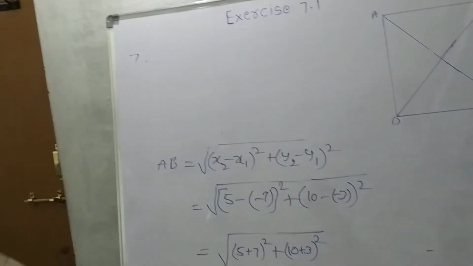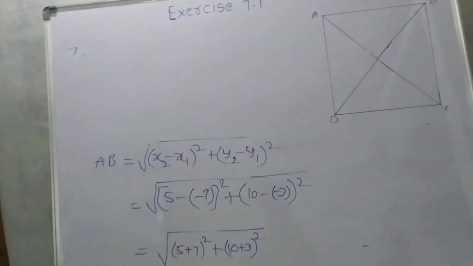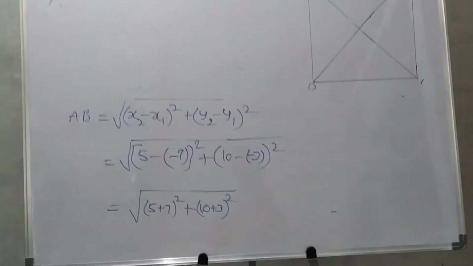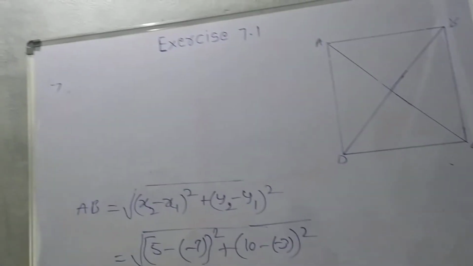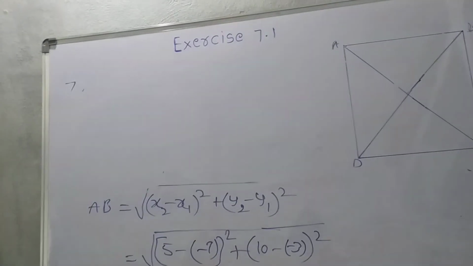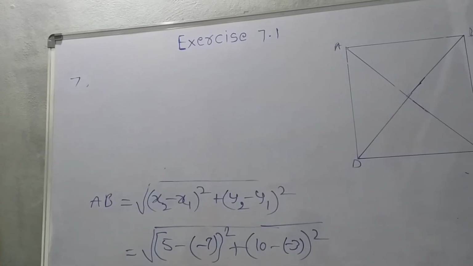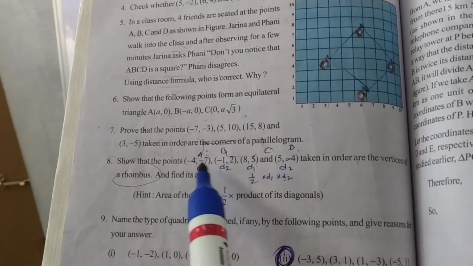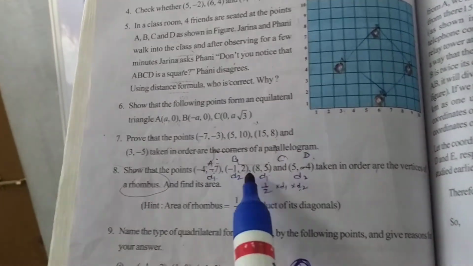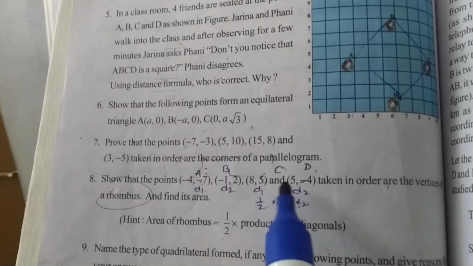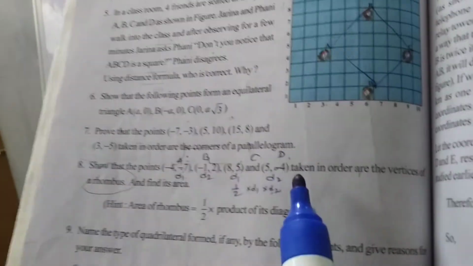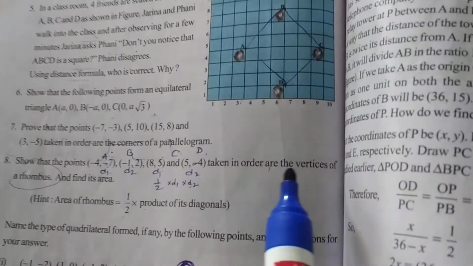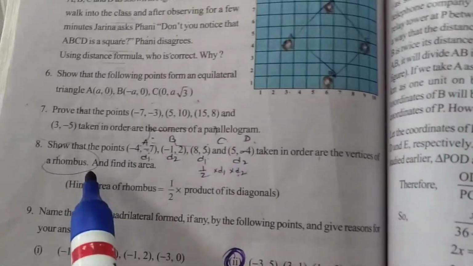Next, problem number 8. Show that points minus 4 comma minus 7, minus 1 comma 2, 8 comma 5 and 5 comma minus 4, taken in order, are the vertices of a rhombus, and find the area.